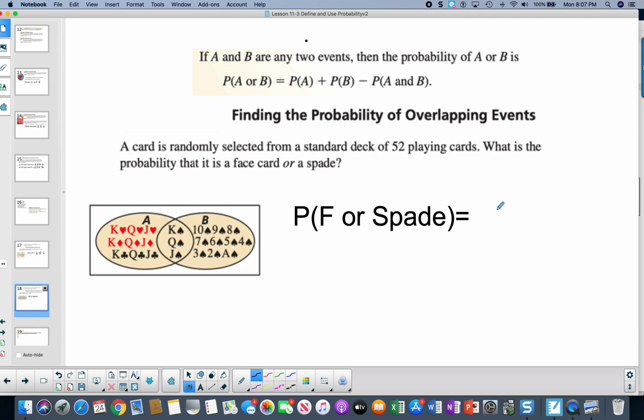So what we want to do is find the probability of both of them, add them together, and then subtract the overlapping. So there are 12 face cards out of 52, plus spades, there are 13 out of 52.